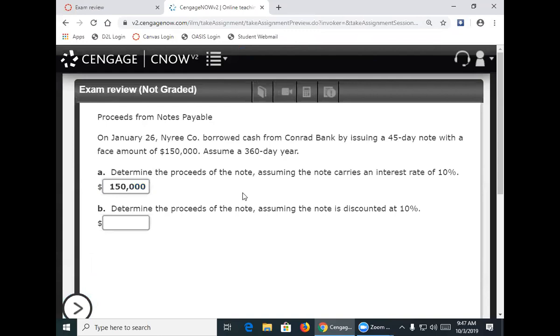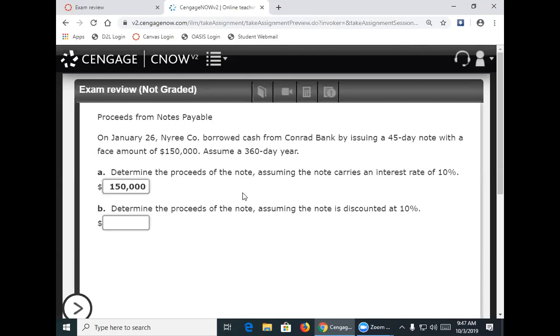What if that same note was discounted at 10%? Are we going to receive the 150,000? No. How much are we going to receive? 148,125. Very good. And how did you get that? You multiply the 150 times 45 times 10% divided by 360, and subtract that from the 150. Very good.